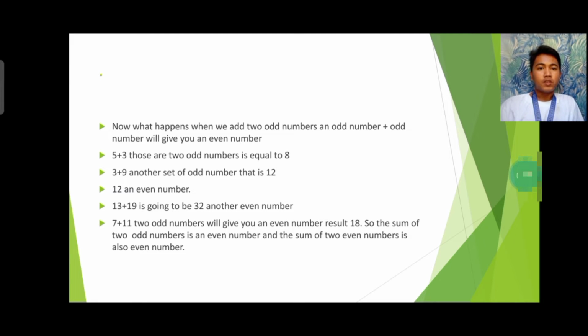Another example, 3 plus 9, another set of odd numbers, that is 12. 12 is an even number. 13 plus 19 is going to be 32, another even number. Last example, 7 plus 11. Two odd numbers will give you an even number. The result is 18. So the sum of two odd numbers is an even number. The sum of two even numbers is also an even number.